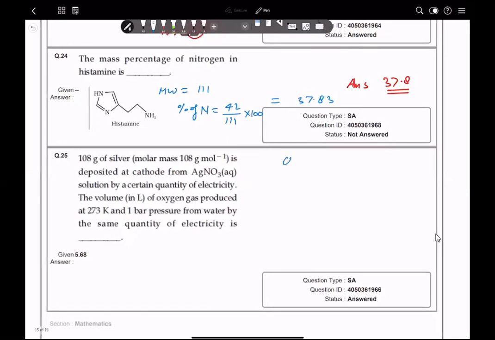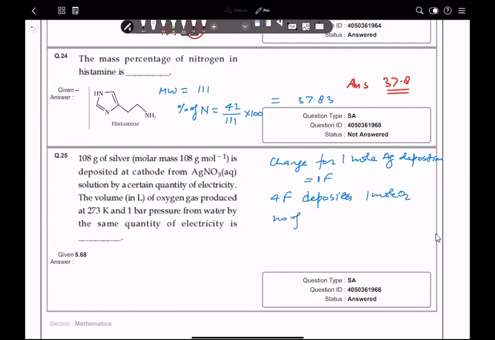So charge required for 1 mole silver deposition is equal to 1 Faraday. And you know with 1 Faraday charge, oxygen deposited will be 0.25 mole, because 4 Faraday deposits 1 mole of oxygen.